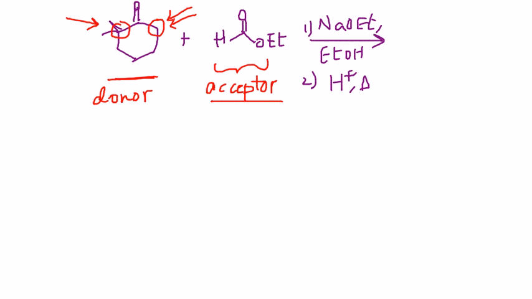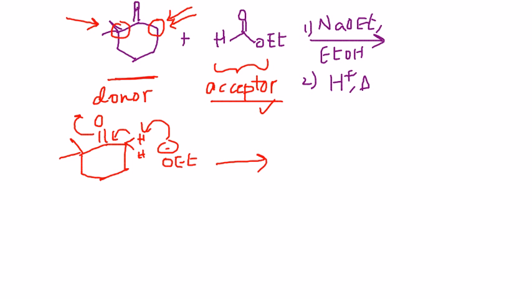And of course I say that the second molecule is the one that's your acceptor, because you don't even have the neighboring alpha to lose. So your first step will be that you will show the loss of proton, looking for the most acidic protons. So those are going to be right over here. The ethoxide comes in, picks up the proton, electrons move, you end up with an enolate.